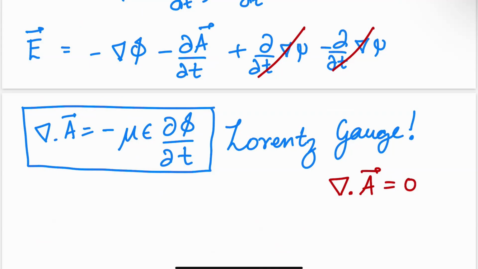Of course, just because the potentials are not causal doesn't mean the fields are not causal. The fields are still causal in any gauge, but we would like the potentials to be causal too, because it makes things a little simpler. So we'd like everything to satisfy a wave equation, and that's why we are choosing the Lorentz gauge here.